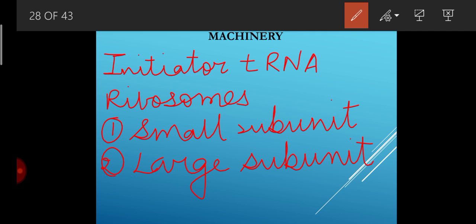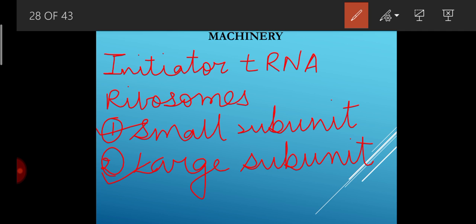Let us talk about the small subunit. When the small subunit encounters an mRNA, translation of mRNA to protein begins. Large subunit consists of two sites where amino acids can bind to and be close to each other for the formation of a peptide bond.